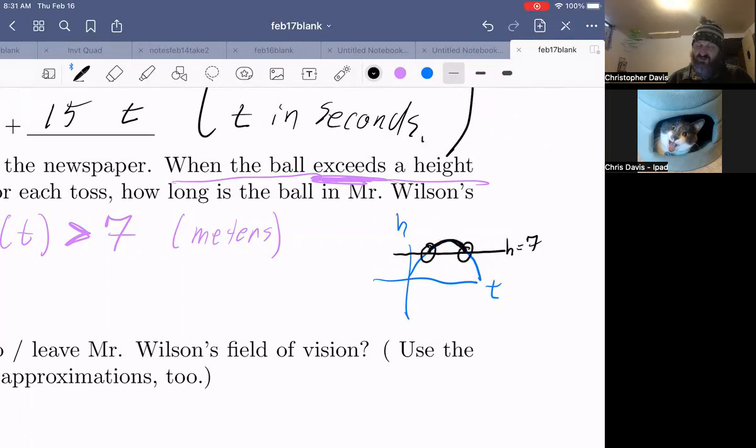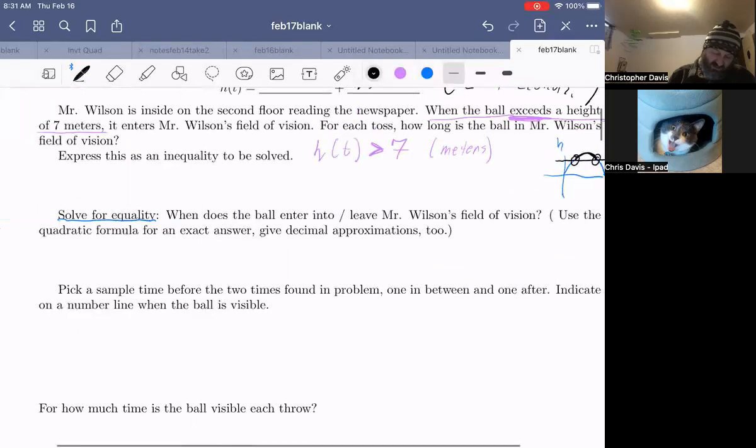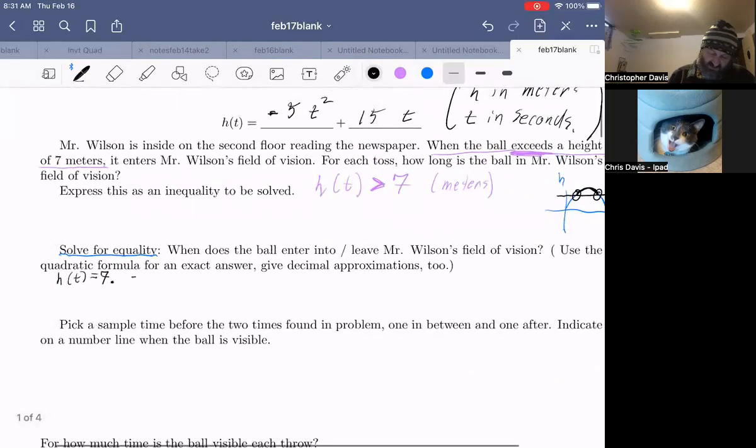If we can find those two endpoints, then we'll be done, right? Those two endpoints are the solutions to h of t equals 7. So let's solve -5 t squared plus 15t equals 7.